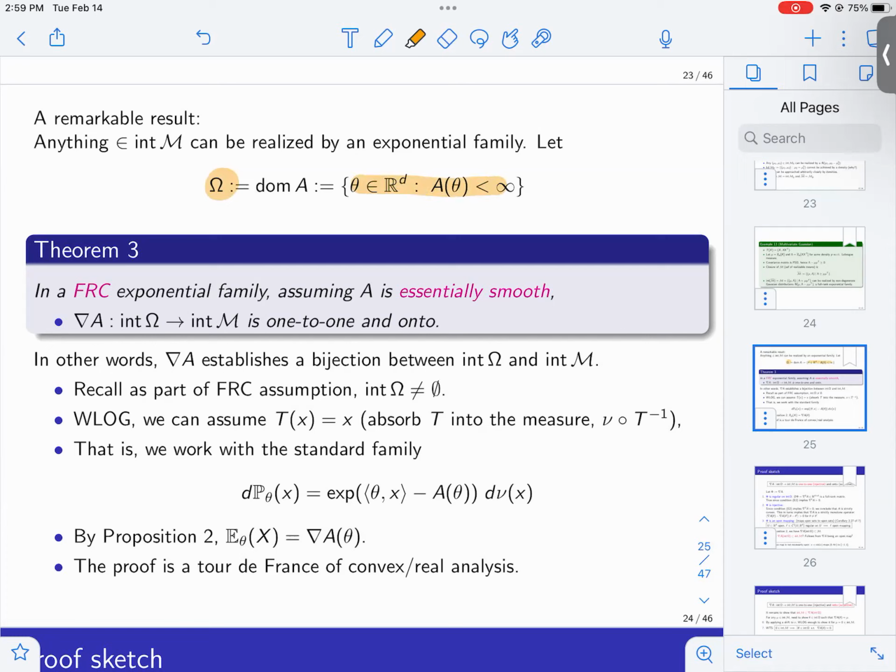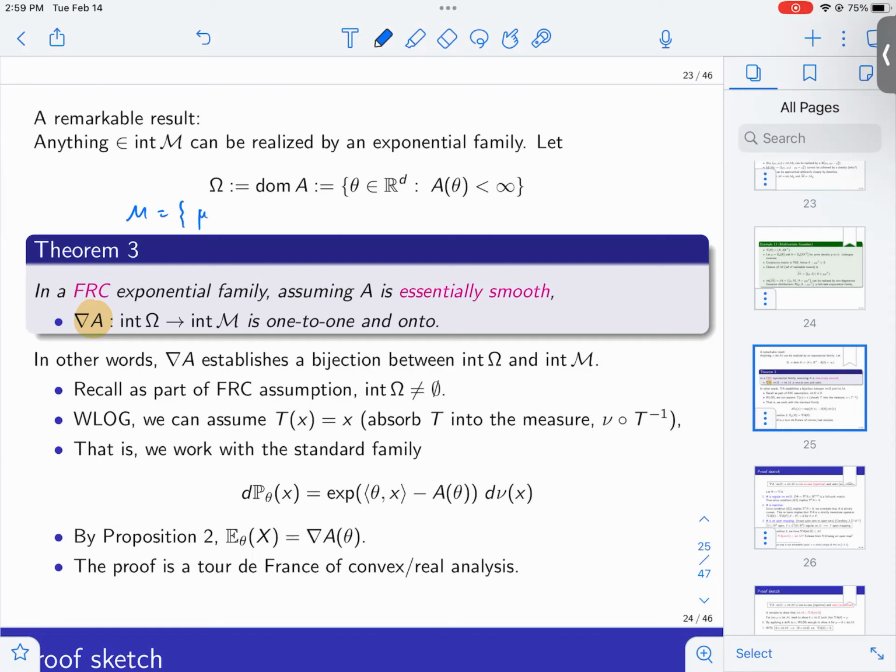In the language of convex analysis, this is called the domain of A. So in a full rank canonical exponential family, there's a technical condition which we ignore. In a full rank canonical exponential family, the gradient mapping, the gradient of A, is a one-to-one and onto mapping from the interior of omega to the interior of M. The interior of M here is the set of realizable means, right?